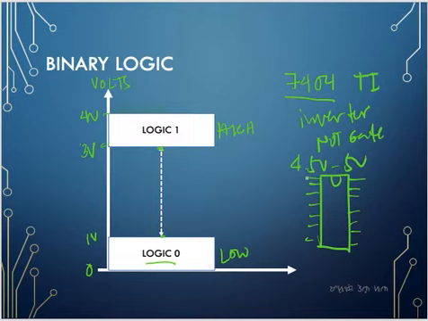operating voltage, ibig sabihin yung sinusupply mo sa kanya na voltage. Okay, pero ano yung mga voltages na kung saan ini-interpret niya as logic 0 tsaka logic 1?